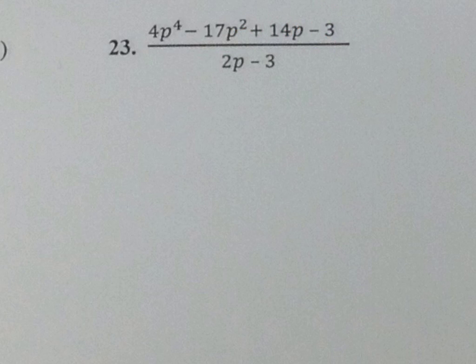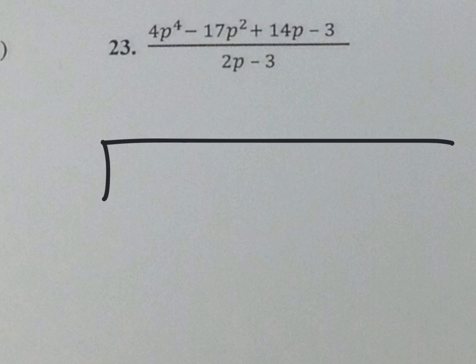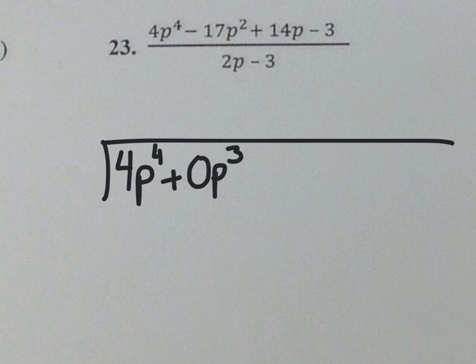Let's try number 23. So, which one belongs inside of the box, inside of the division box? What belongs on the inside? 4p to the 4th plus 0p to the 3rd. Notice that there is no p to the 3rd. So you need to represent that there is no p to the 3rd.